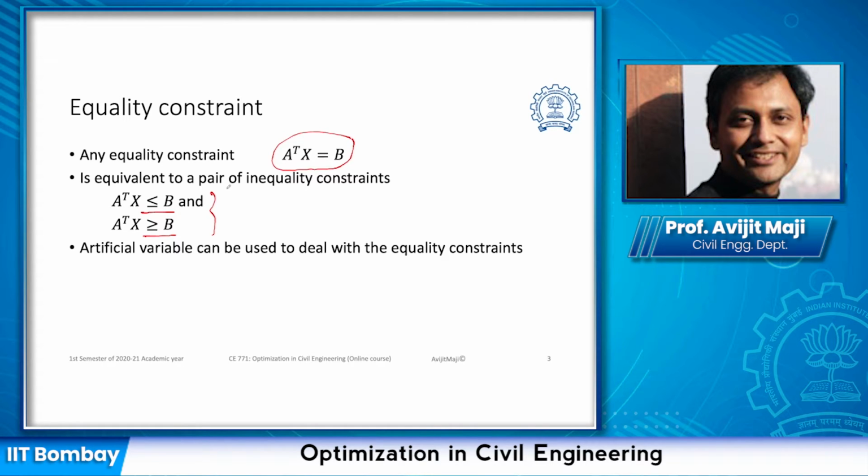Now, if we want to use this set of inequality constraints to replace the equality constraint, we would require more slack variables. So instead of doing that, we could as well introduce the artificial variable to deal with the equality constraint. Once we introduce the artificial variable, the process is the same as we had discussed in our last class.